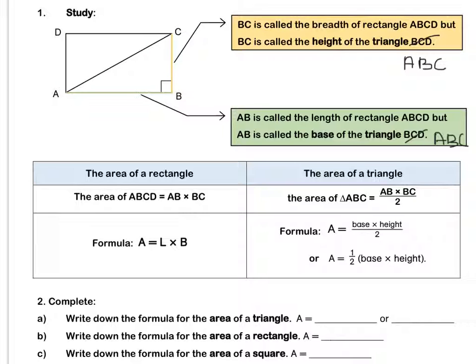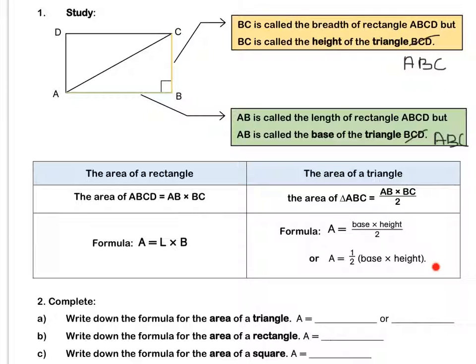Therefore, the formula of the area of any right-angled triangle is equal to its base times its height divided by 2. Its base times its height divided by 2. Or we can write it as half, open bracket, base times height, close bracket.